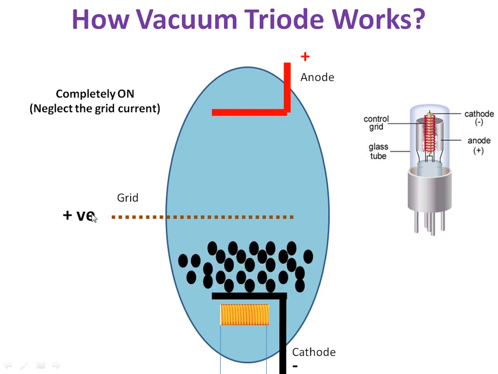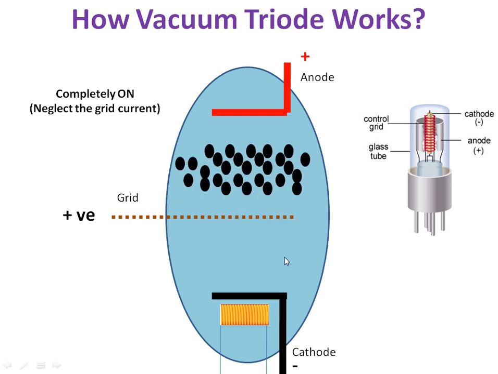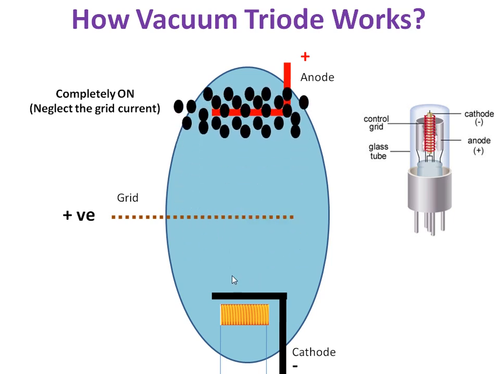Suppose I apply positive potential to the grid, what will happen? Here there are no electrons, or no space charge, near the cathode. So 100% of the electrons are attracted by the anode. It is completely on if I apply positive voltage to the grid; it depends upon the magnitude of the positive voltage.